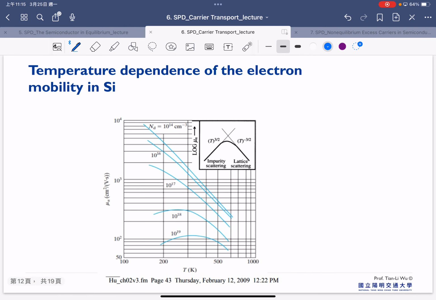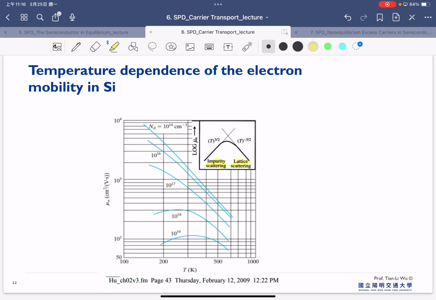So in sum, if we consider the temperature dependency of the electron mobility in silicon at different temperatures, basically you will see this kind of curve. At low temperature and high temperature, you actually have different mechanisms here. At low temperature, it's mainly influenced by impurity scattering, and at high temperature, it's mainly influenced by lattice scattering.